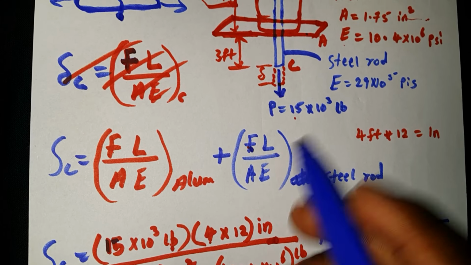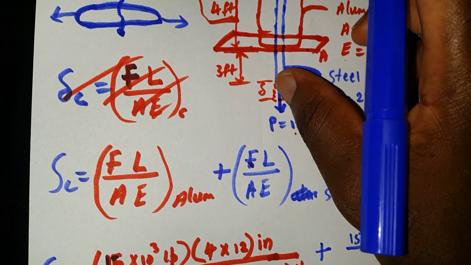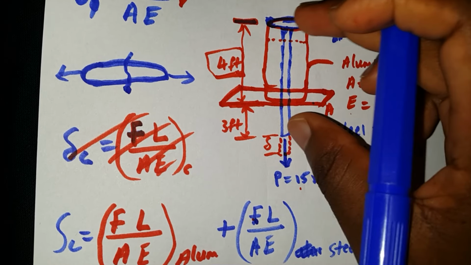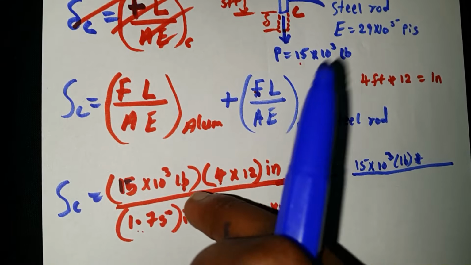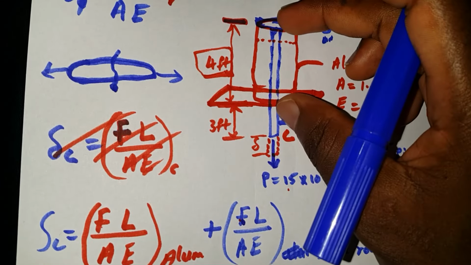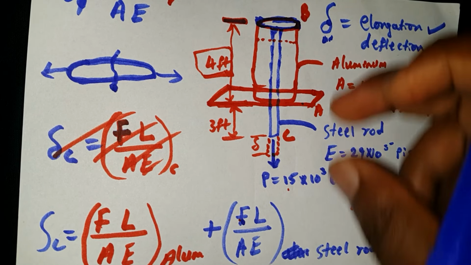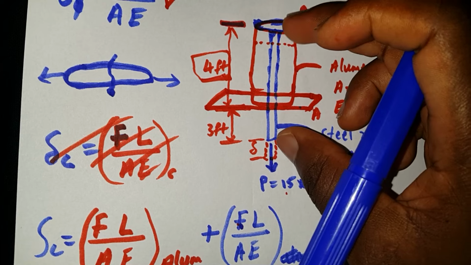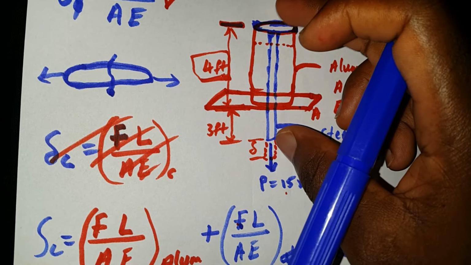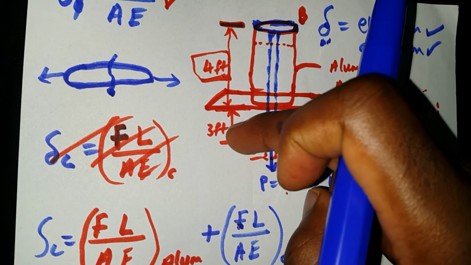Now in the first one, we have just the length of the cylinder. But in the second one, we have the length of the steel rod, from the beginning of this place to this place. So we will try to add these two values.